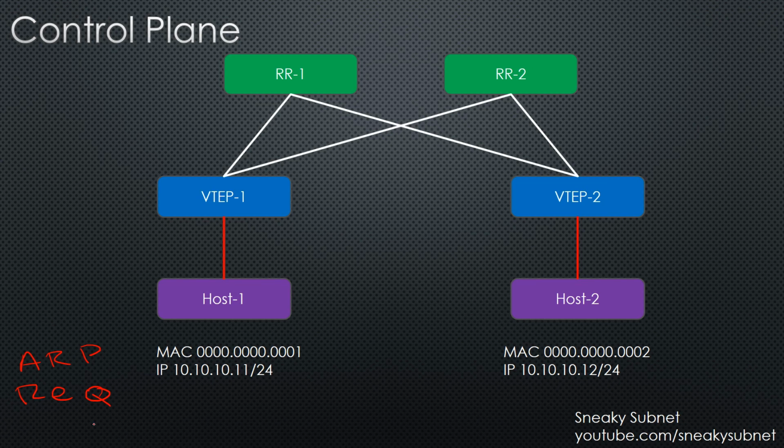And as you know, an ARP request is a broadcast frame, so it has all Fs as MAC destination. It sends it to VTEP number 1, and again, our previous assumption doesn't work. VTEP doesn't know about host number 2. So now VTEP receives that frame and it sees that it is broadcast.